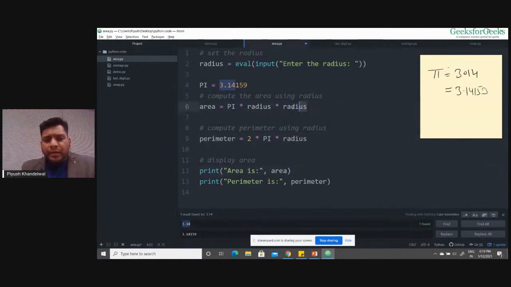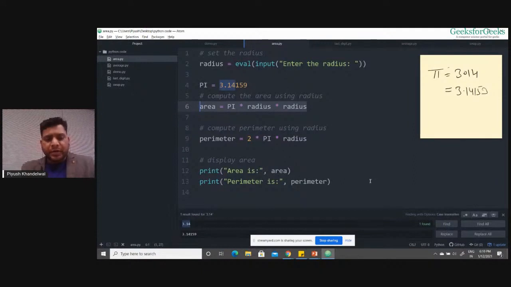Now if I look at this statement, area equals PI into radius, by just looking at it I can tell which one is a variable and which one is a constant in this expression. So I can say area and radius are variables and PI is a constant, because we are following a standard convention which we should follow while writing the program.